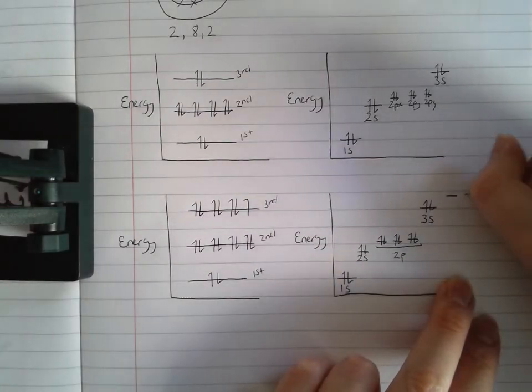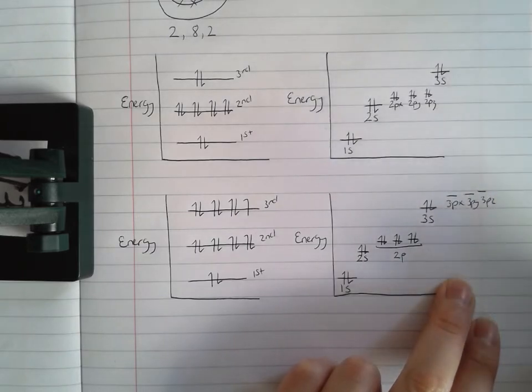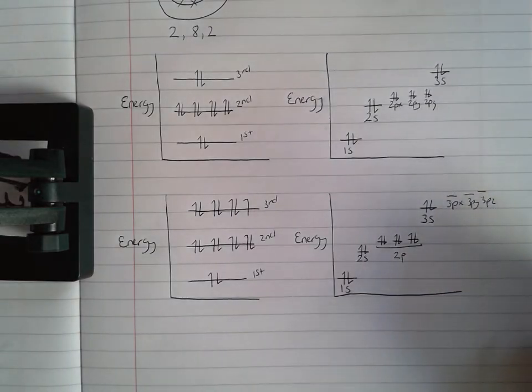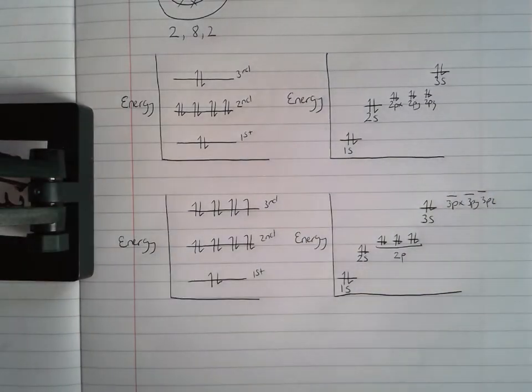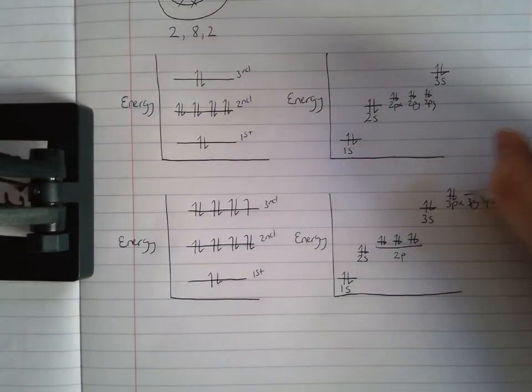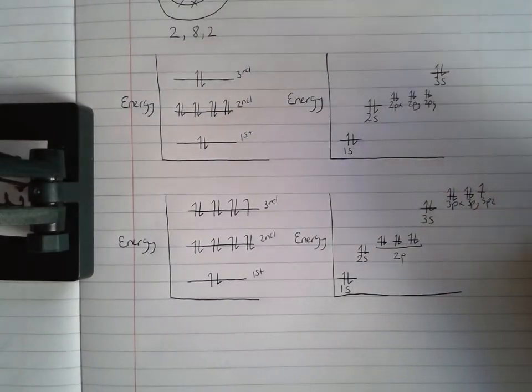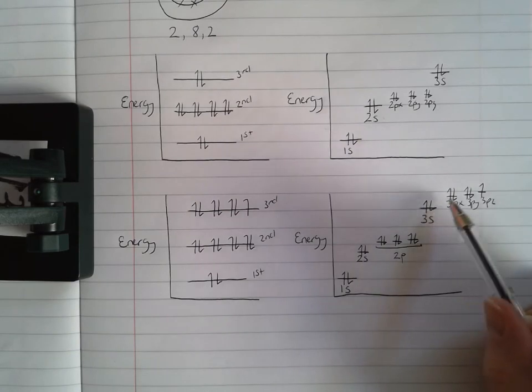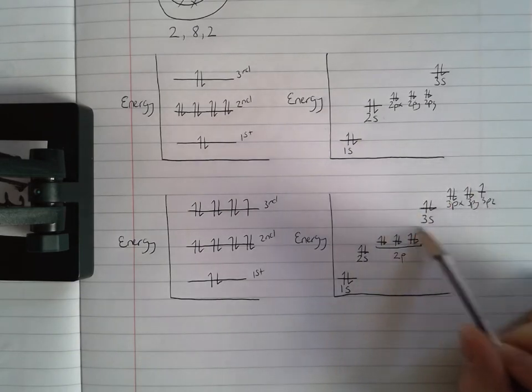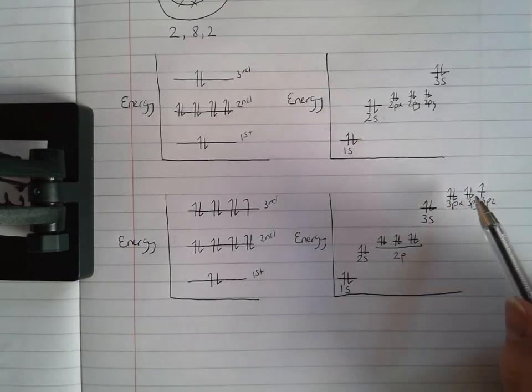So as well as having my 3s, I have also got a 3px, a 3py, and a 3pz, which are collectively just known as the 3p orbitals. Again, they can each hold 2 electrons. 1, 2, 3, 4, and then I've got 5 to give me 1, 2, 3, 4, 5, 6, 7 electrons in the outer shell of chlorine.